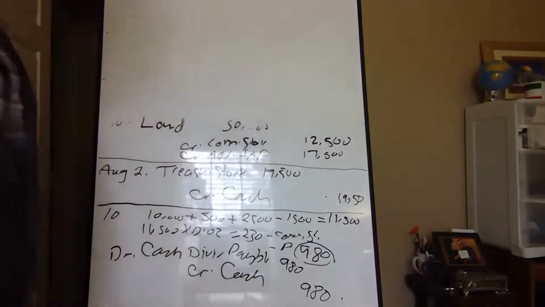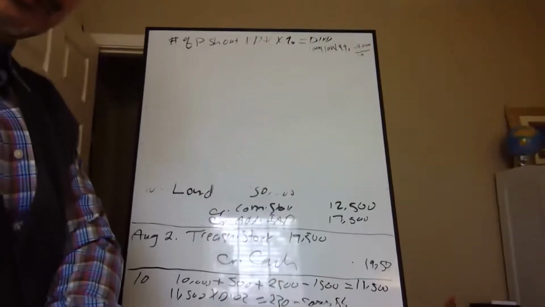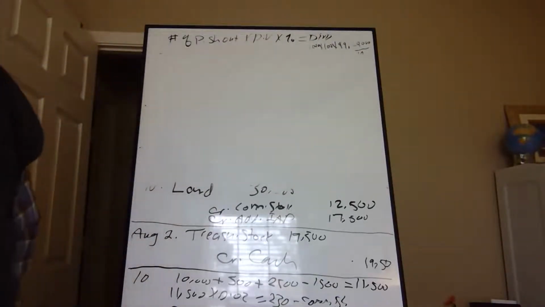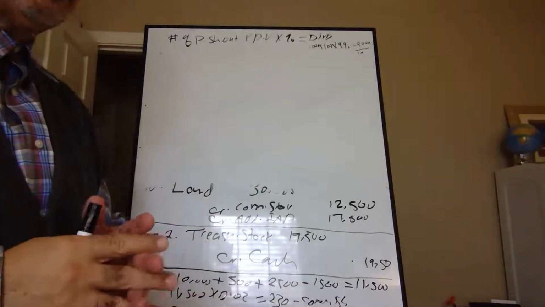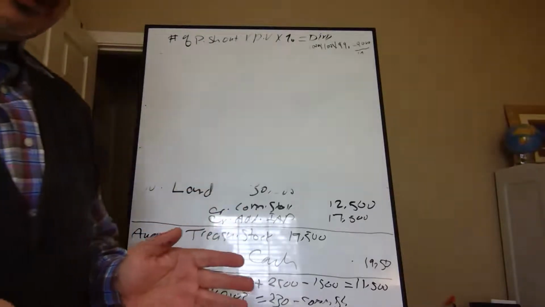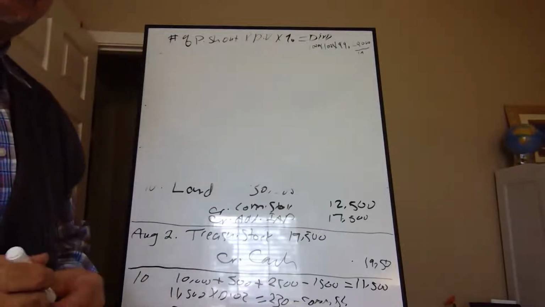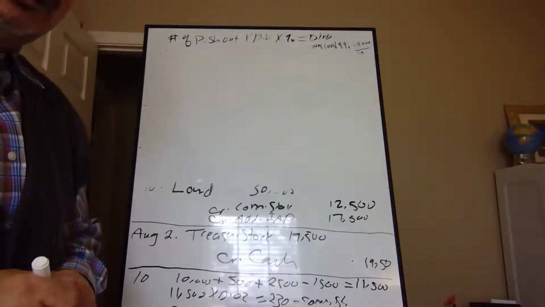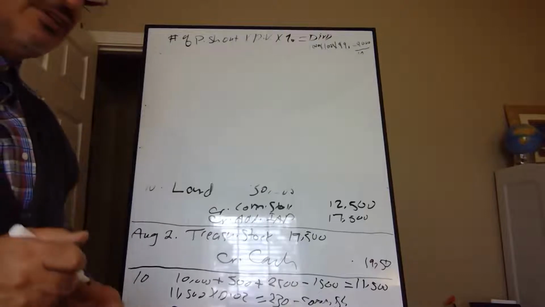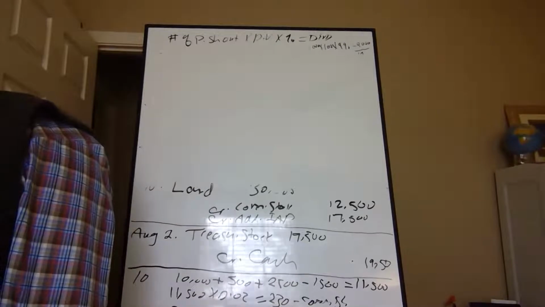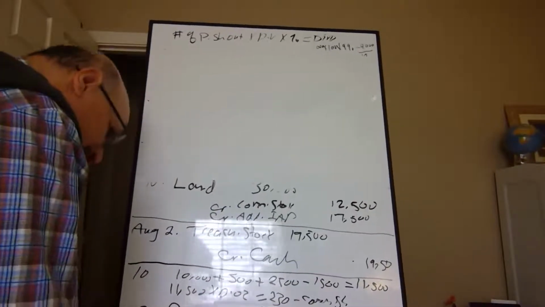The book value per share, let's say for a preferred stock, means you're going to figure out the total equity that belongs to the preferred shareholders. Let me put it in this way.